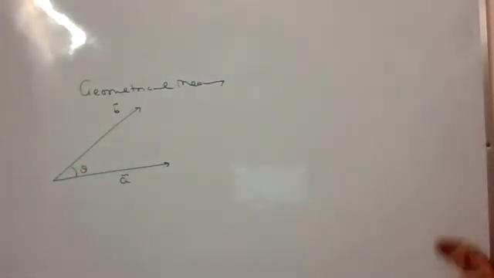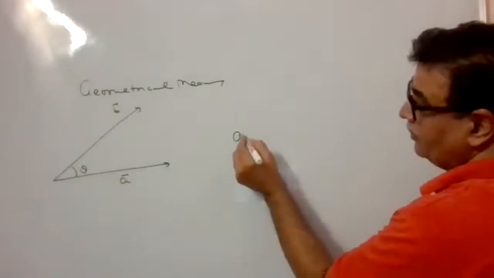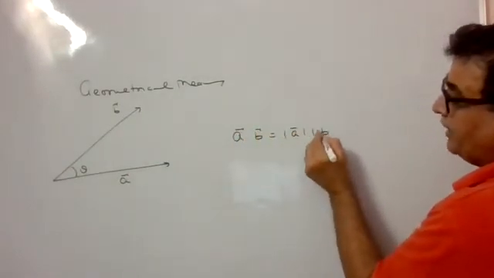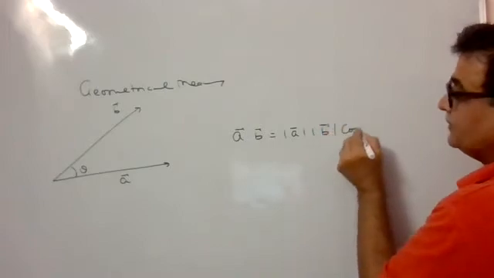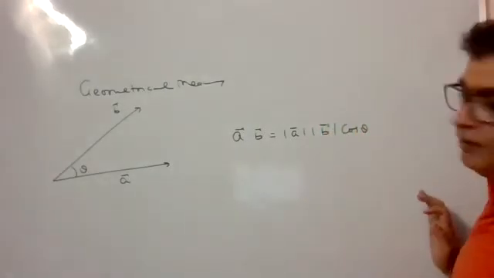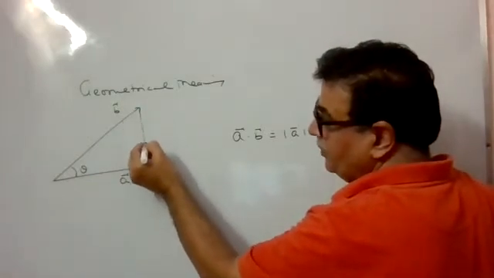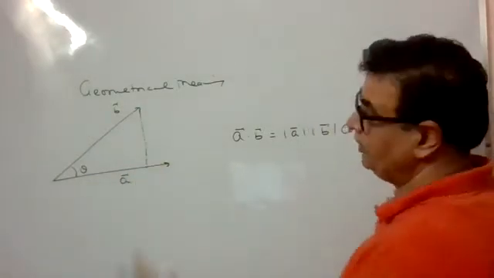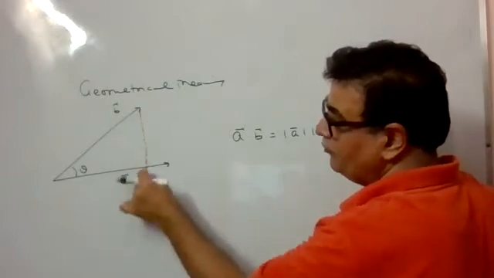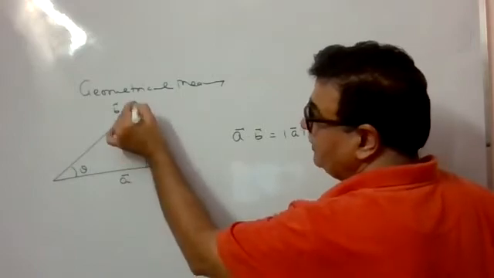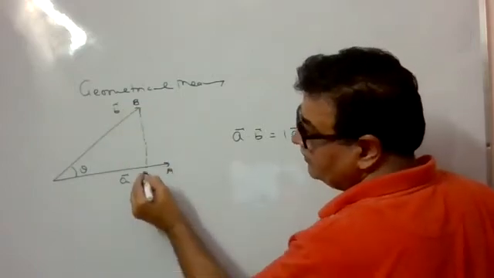And if you want dot product, one thing we have already done, that is A dot B is magnitude A, magnitude B cos theta. Now I do one thing. I'll take a perpendicular from the terminal point of vector B. This is point A, this is point B, let this be a point P.